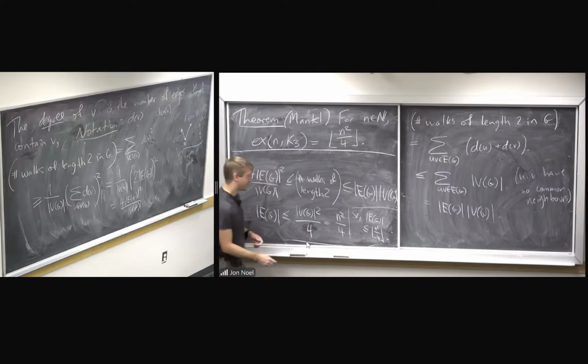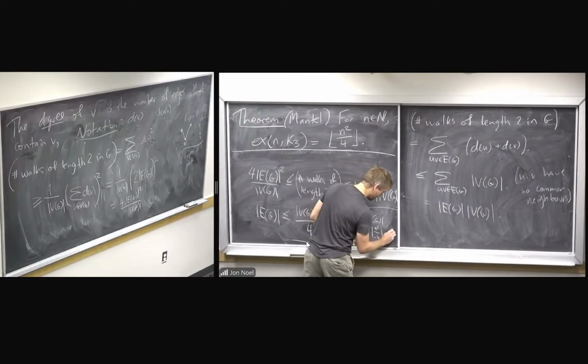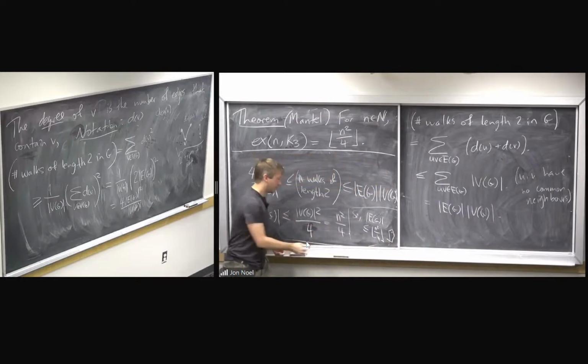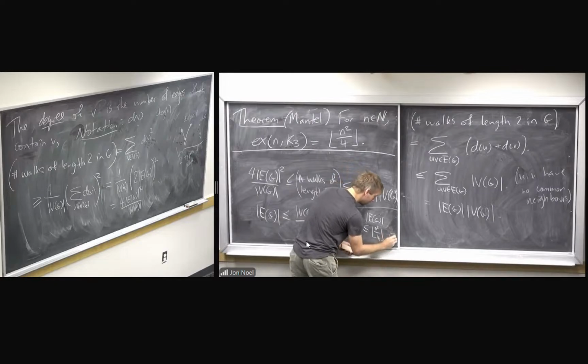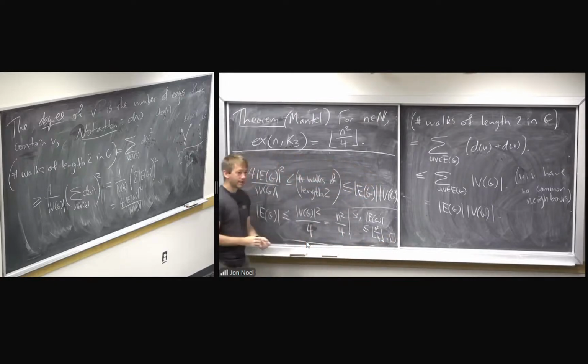Okay. Any questions about that? A lot of things that we do will come down to double counting, which we've seen a lot. Count things in 2 different ways, compare them, and sometimes magic happens and you get exactly the right bound.